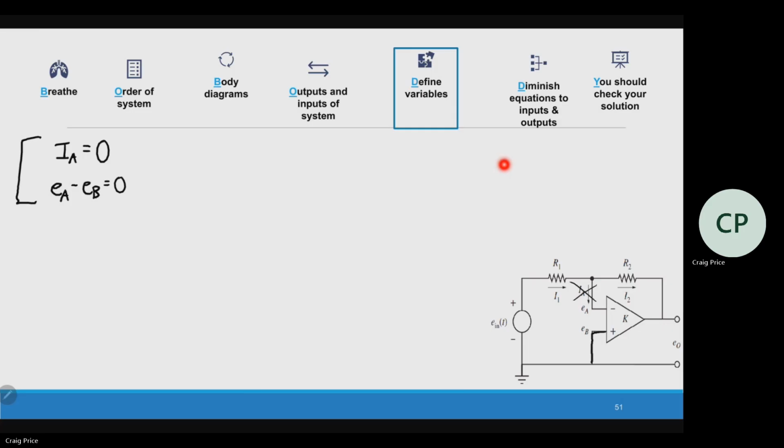EB is connected to ground. So EB is equal to 0. So if EB is equal to 0, then EA has to be equal to EB, which is equal to 0 volts. So the two op-amp laws are extremely important because what they tell us is that if this voltage is 0, then all of this voltage is 0, which means the volts right here is equal to 0.